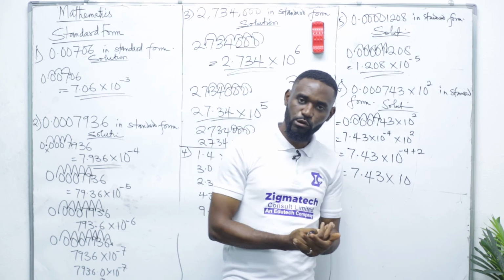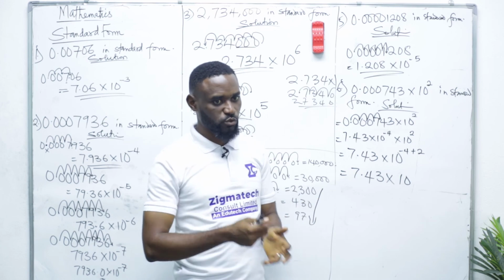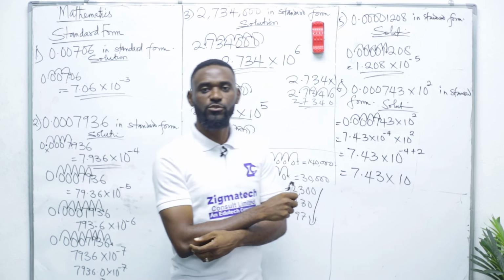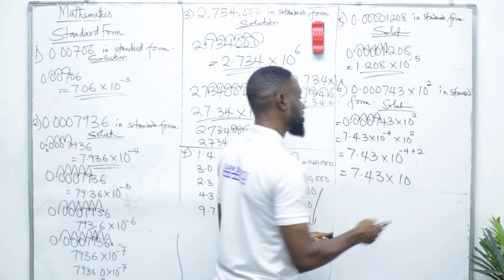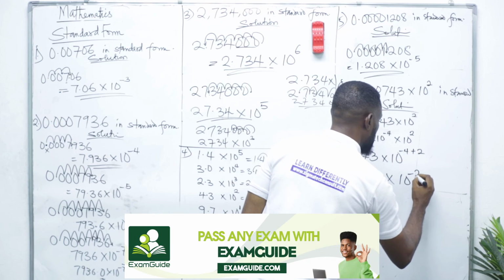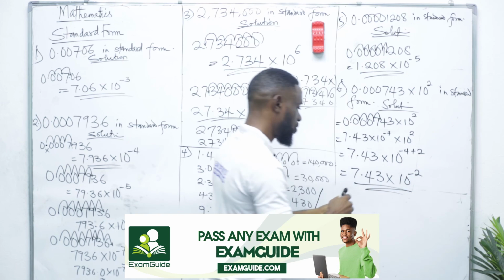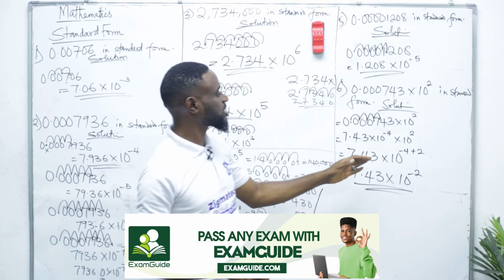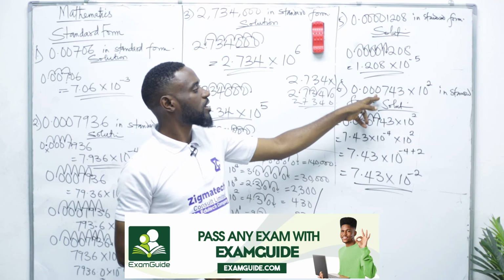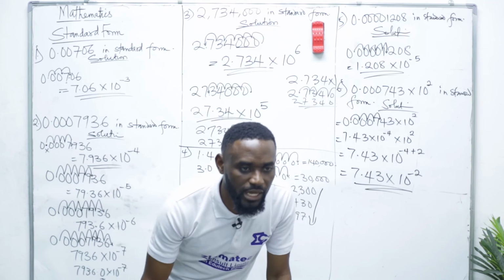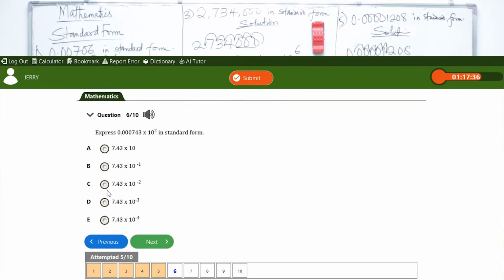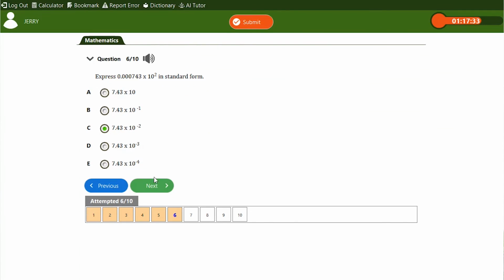Minus 4 plus 2 is simply minus 2. You're owing somebody 4 naira, you have 2 naira. When you pay the 2 naira, you still owe 2 naira. So this is minus 2. So we have successfully put this number in its correct standard form. So the correct answer there is 7.43 times 10 raised to the power minus 2, option C. Then we'll move to the next one.